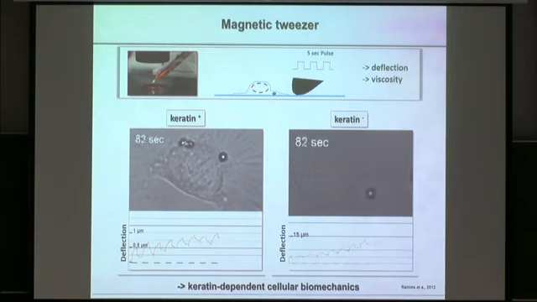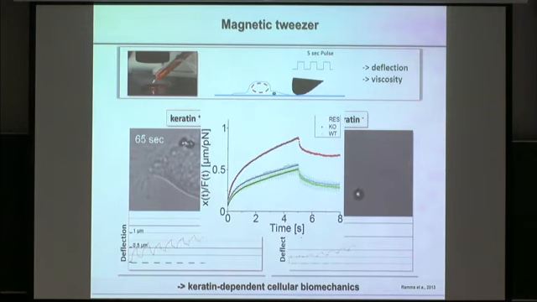And just shows you one example in which we use a magnet and a magnetic particle that's been taken up by these cells, and we measure the displacements of these magnetic beads, and after appropriate calibration, you can then see that actually depletion of the keratins in these cultured cells, this is the keratin-free keratinocytes as alluded to before, that you have very different or reduced stiffness of the cell, and you see these particles actually in the end kind of go to the magnet here.